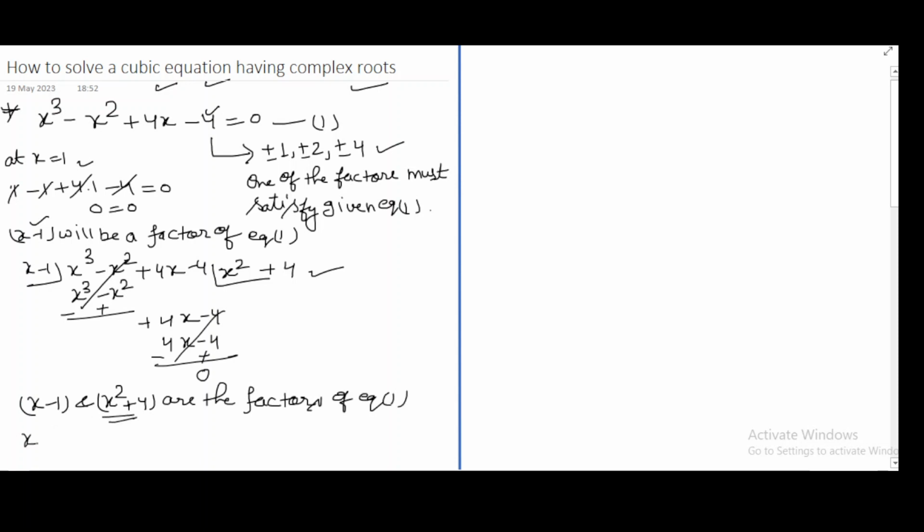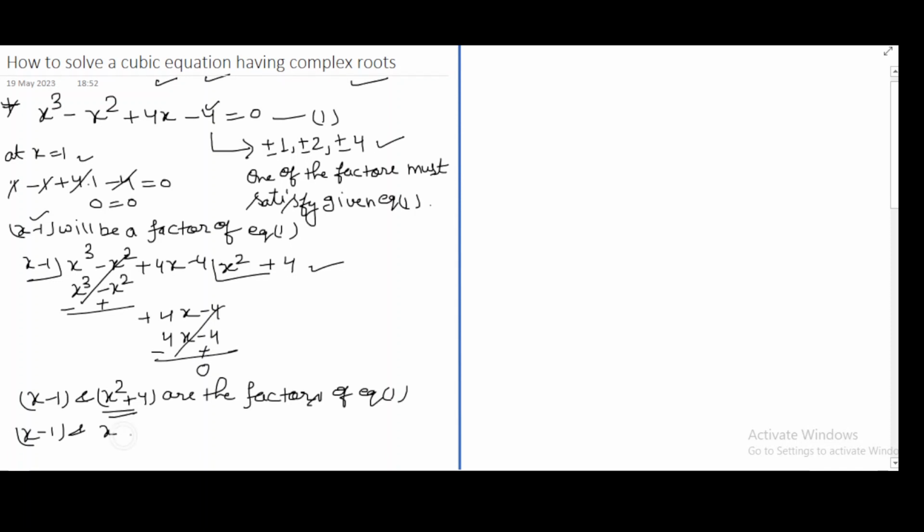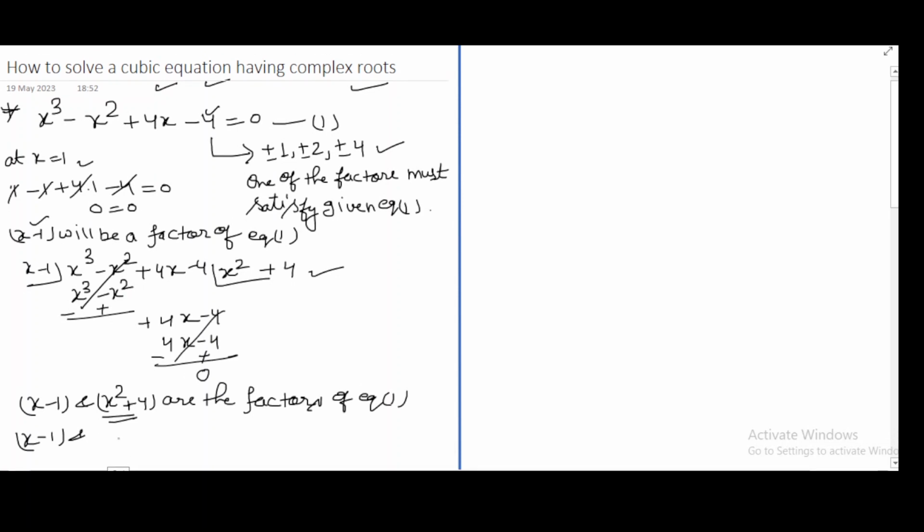So now, x minus 1 equal to 0, so x equal to 1, and x equal to plus minus 2i will be the roots of equation 1, right?